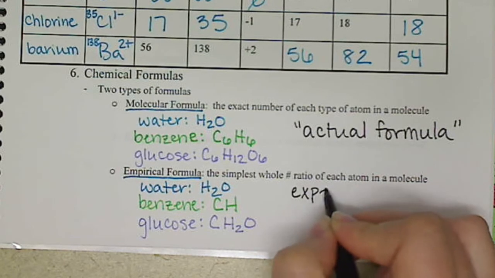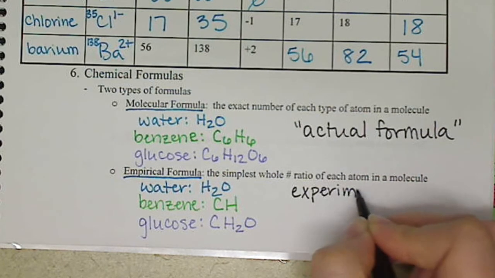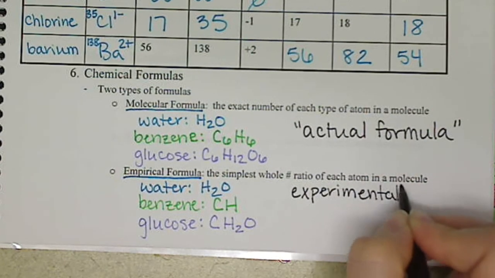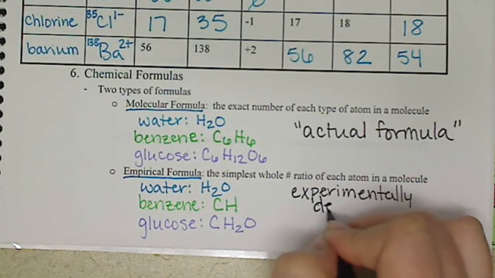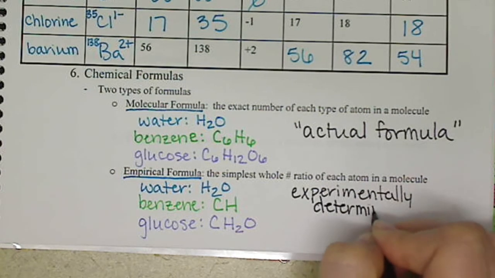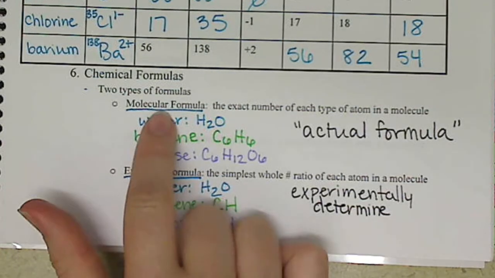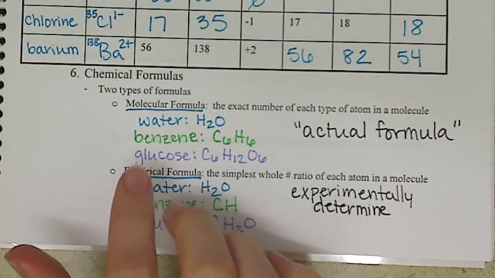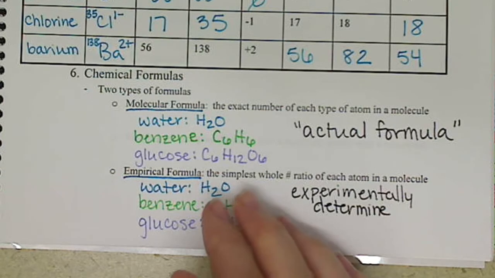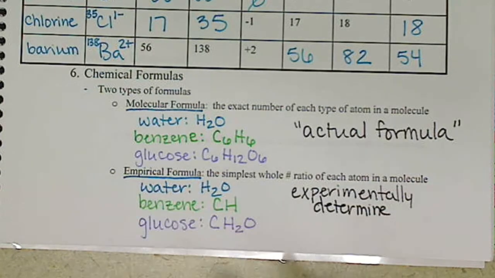So this is experimentally determined, and it tells you ultimately what the simplest ratio of each atom is. Whereas the molecular formula not only tells you the ratio of the atoms, but it also tells you how many of each of those atoms is in a grouping, so in a molecule.